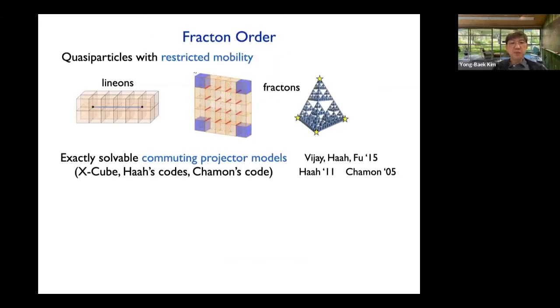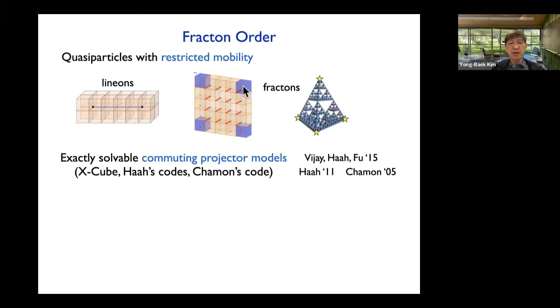In fact, there are some exactly solvable models for these phases. But before we talk about this, one interesting thing about these phases is that the quasiparticles in fracton phases have very weird properties. They have what we call restricted mobility. For example, there are particles that can only move along one-dimensional space, even though the system is defined in 3 dimensions.